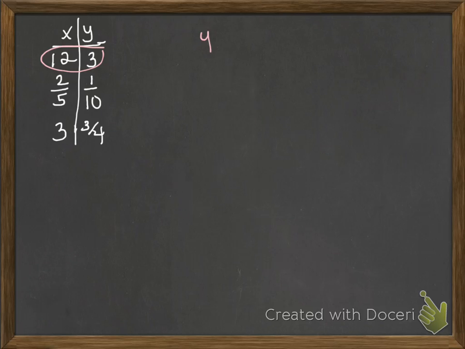So remember, y is equal to kx, okay? Or we said y divided by x is equal to k. So let's start with these. 3 divided by 12 is equal to what? Well, that reduces to 1/4.